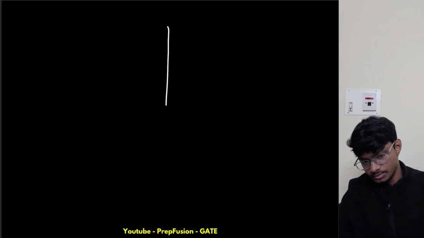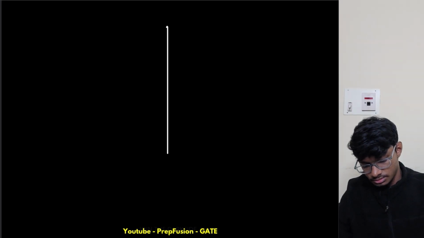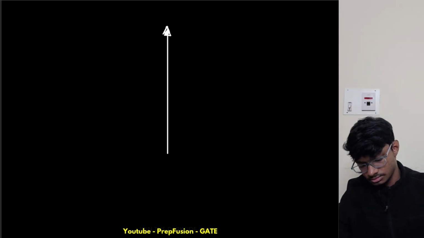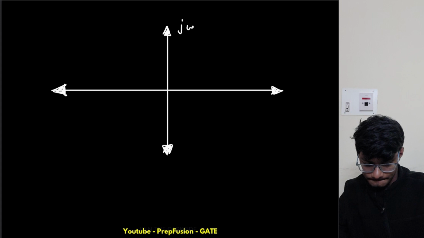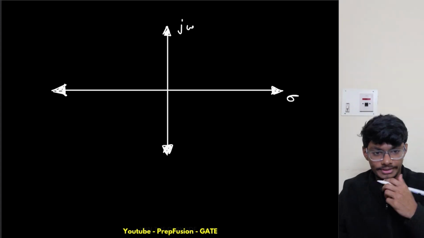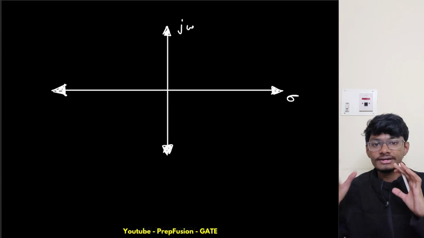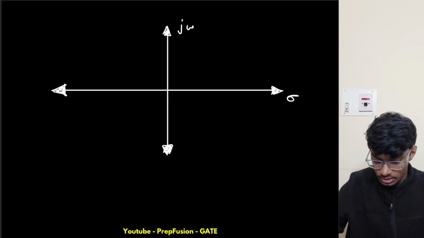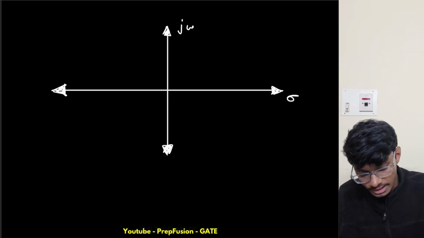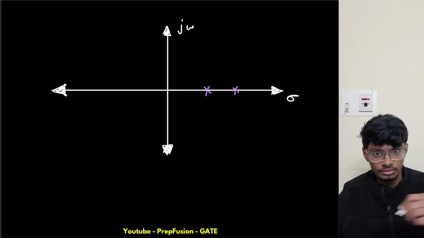I will draw the sigma and omega axis. Now if I assume that my right hand side poles are on the real axis itself, okay, let's see, then we will assume other cases.